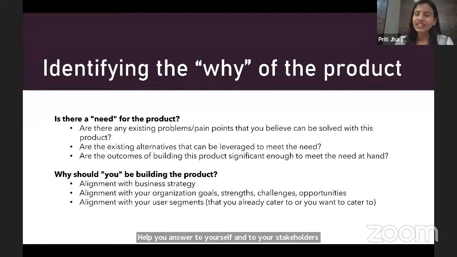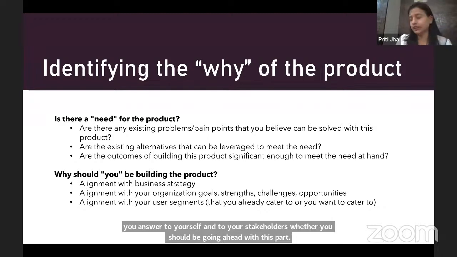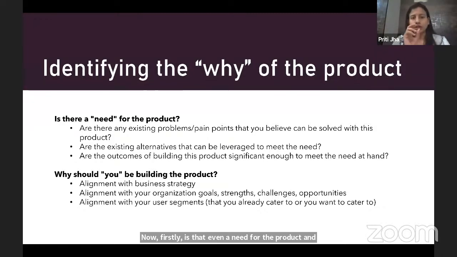Firstly, is there even a need for the product? You read on the screen that it's product, but you can even think about it as a feature. Is there a need for the feature? What I want to understand is, are there any existing problems or pain points that I believe can be solved with this? For example, somebody needs to go from point A to point B. Do I need to build a car that flies?